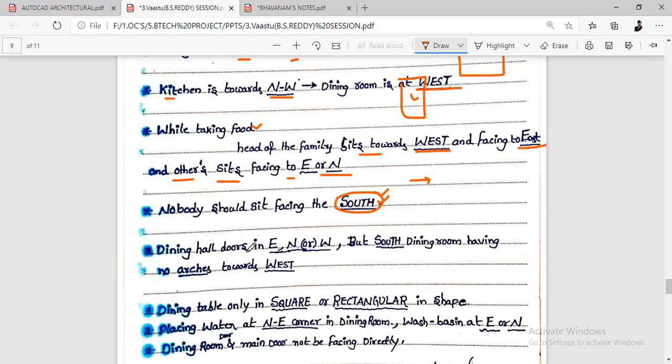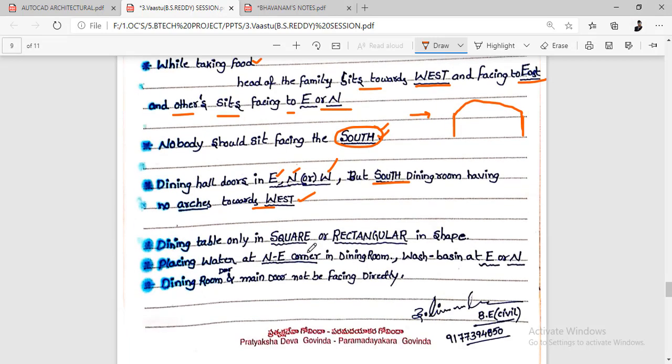Okay, so dining hall doors in the east and north and west, but for a south dining room, no arches towards west. See, most of the dining halls we are providing arches like this. The west direction you can't provide in a south dining room.